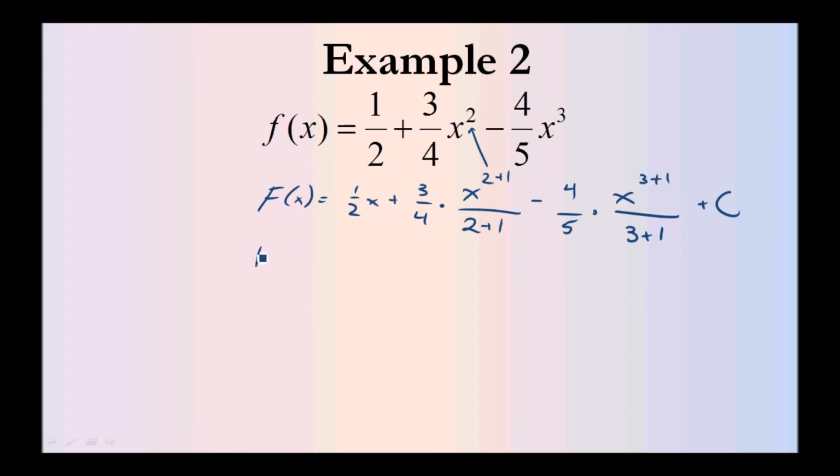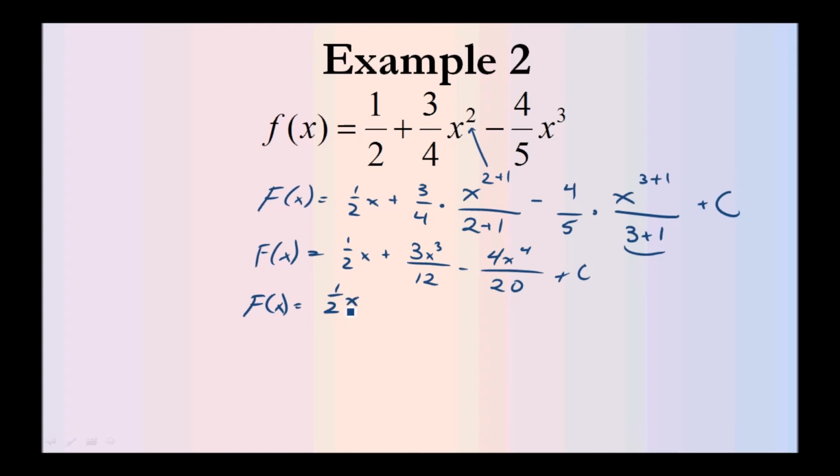We can simplify this a little to get 1/2 x plus 3x cubed divided by 12, minus 4x to the 4th divided by 4 times 5, which is 20, plus c. Simplifying further gives us 1/2 x plus 1/4 x cubed minus 1/5 x to the 4th plus c.